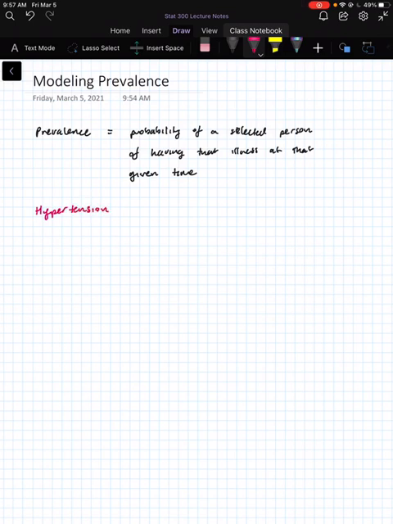This is a very common condition that is also known as high blood pressure. Yours truly has high blood pressure. And in fact, you probably know quite a few people who have high blood pressure. It's exceedingly common in the United States. It's a condition that causes increased and sustained force of blood against your artery walls.